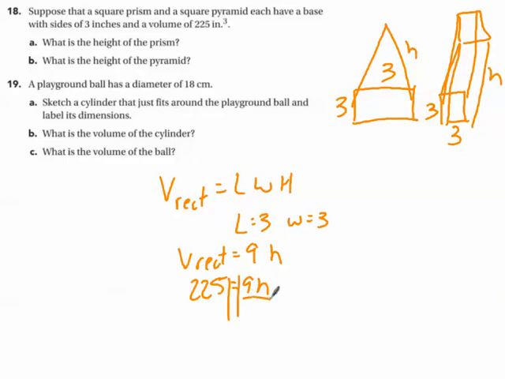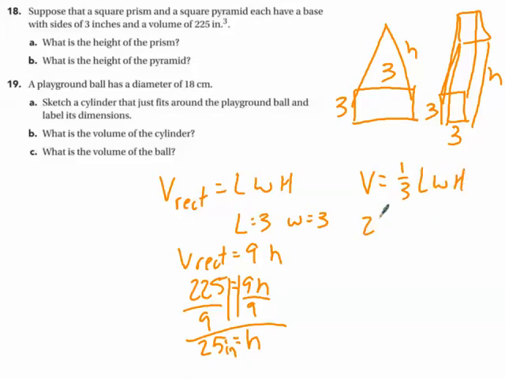Using train tracks, I'm going to divide by 9, and I get my height to equal 25 inches. When I'm talking about the pyramid, I know that my equation is 1/3 length times width times height.